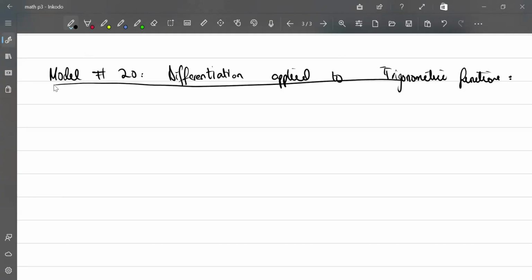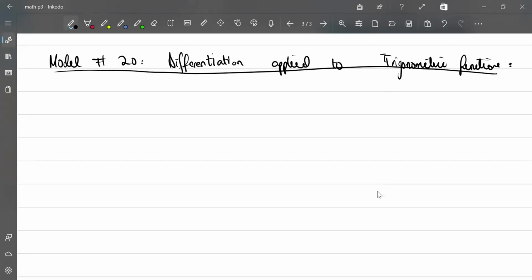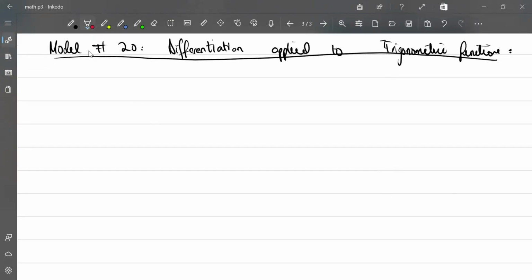We have y is equal to sin x, y is equal to cos x, and y is equal to tan x.